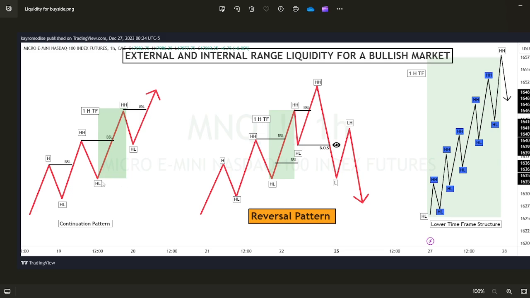So as you go for the low, it's a good idea to go after this liquidity if everything is telling you that you are going high, right? So these highs and lows will be the external liquidity. Let's look at this example alone. We are attacking the buy side liquidity.